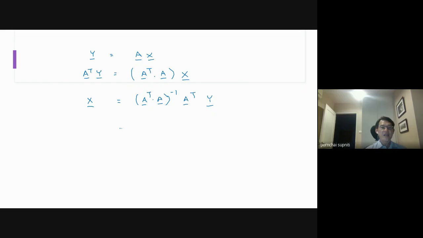If A has a very large size, then we don't want to do inversion directly. So what we can do is like this.